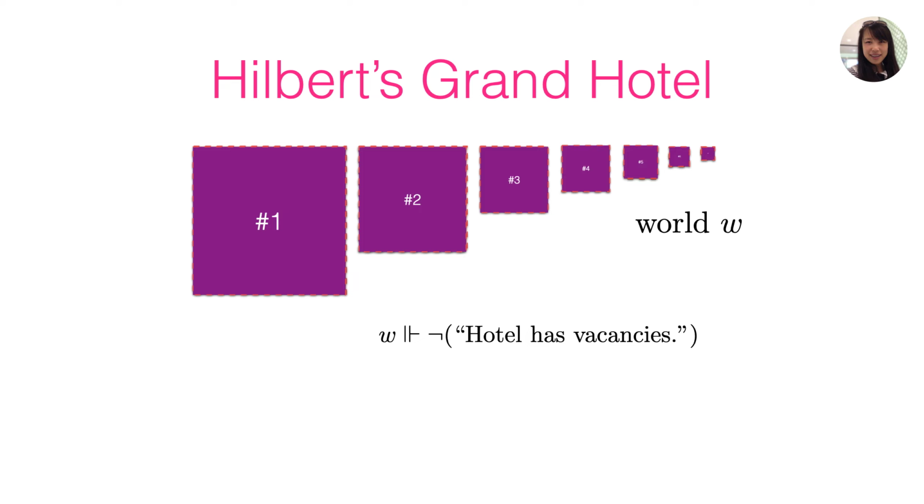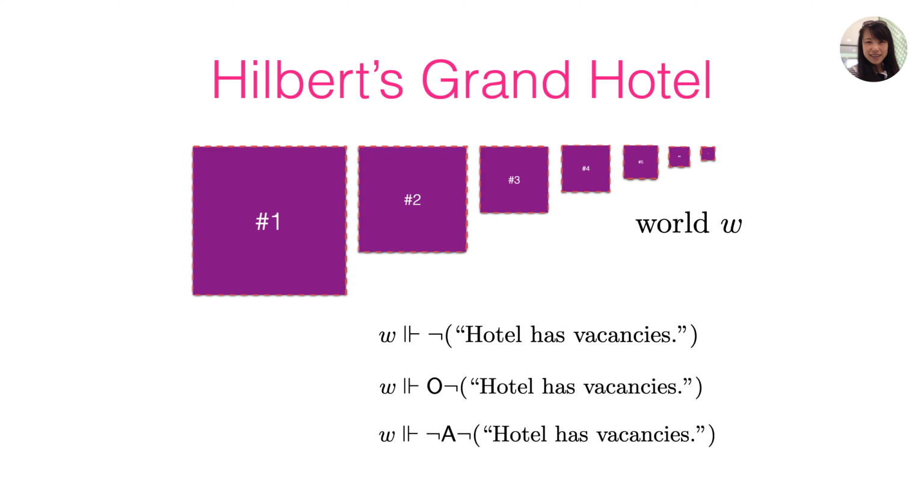If you are able to open all of the doors, the infinitely many doors, that is, if you're able to access all of the pieces of evidence, then you will know that the hotel has no vacancies. However, this cannot be done. You are not going to learn the same fact with just opening finitely many doors.